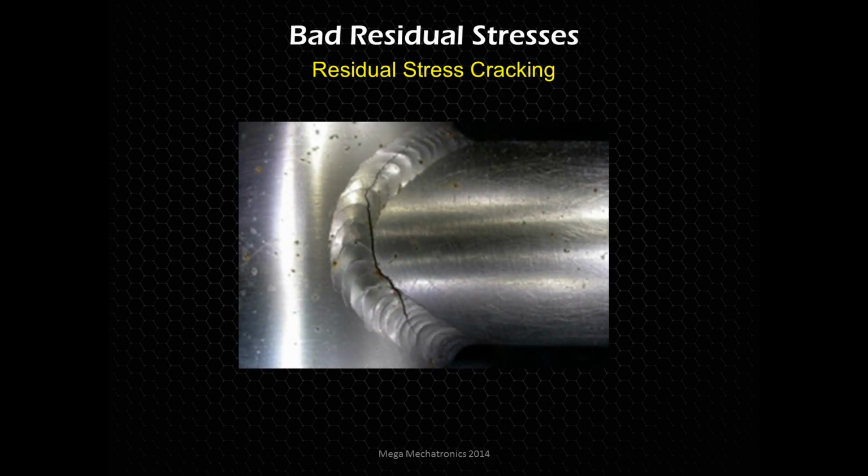Let's look at some bad residual stresses. We are going to talk about residual stresses later, but here's an example right now. Stress cracking. These two tubes were welded together, and they used the wrong manufacturing methods, or didn't complete the manufacturing methods, which led to a tensile force between these two different parts that, after they were welded and cooled down, are pulling apart.